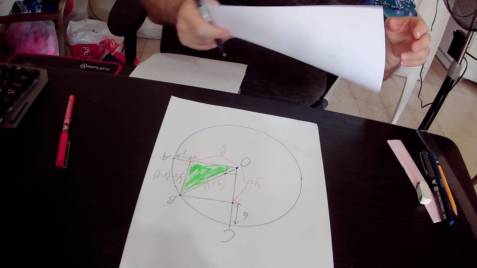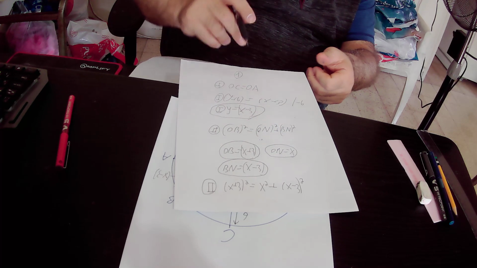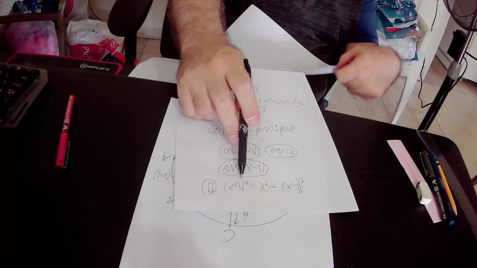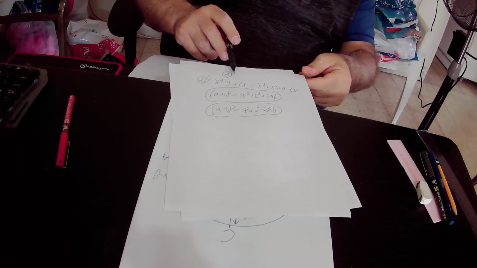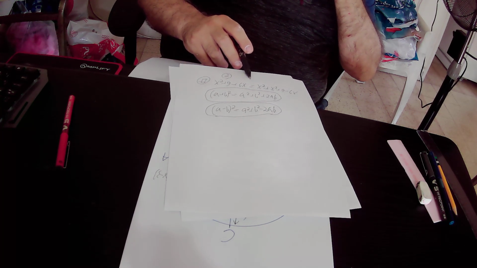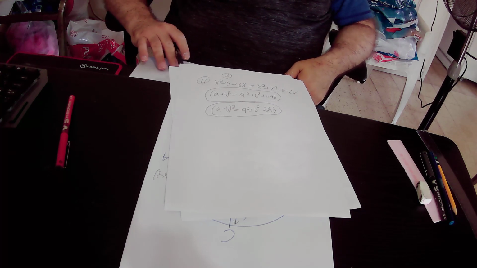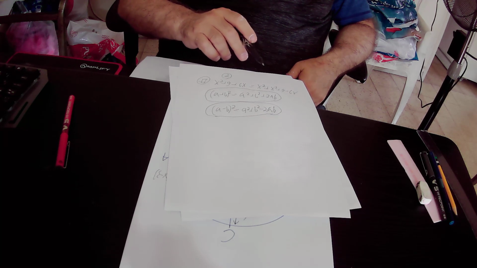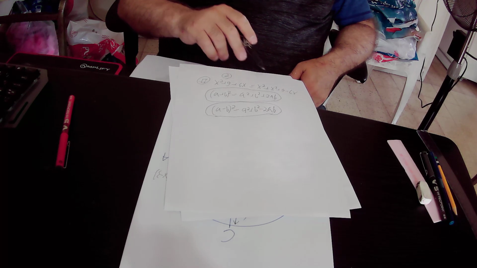So we actually opened the brackets in this equation. x plus 3 squared equals x squared plus 9 plus 6x, according to the formula that a plus b squared equals a squared plus b squared plus 2ab.